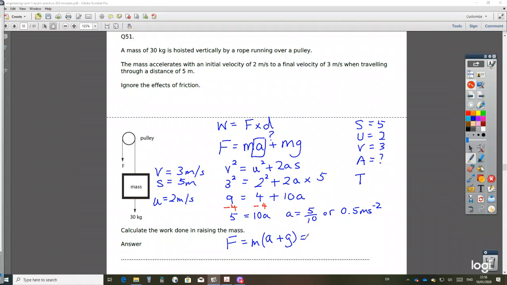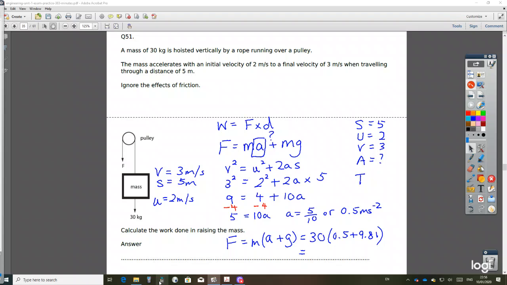And m is the mass of the weight, so it's 30 times 0.5, which we just worked out, plus 9.81. If you don't know what g is, refer to the formula sheets, but at this stage you should know what g is equal to.